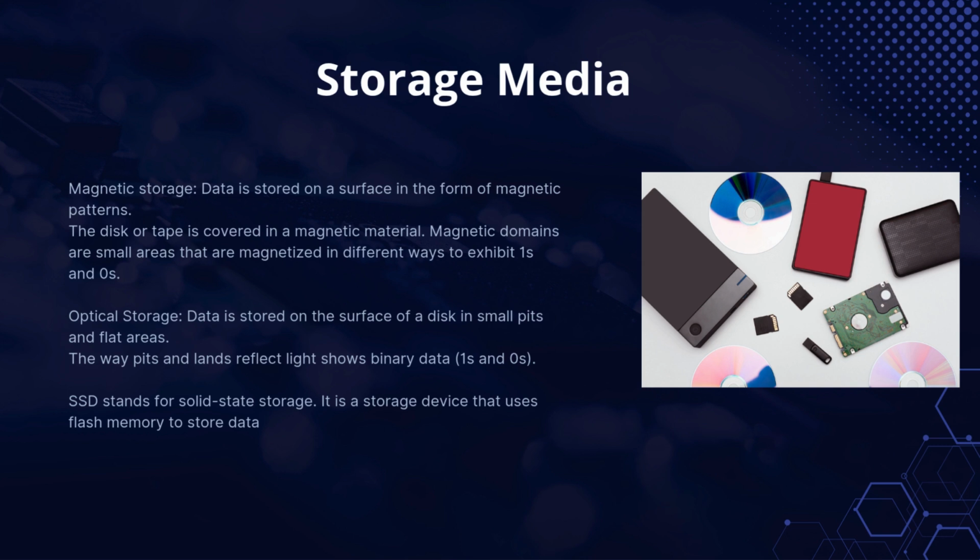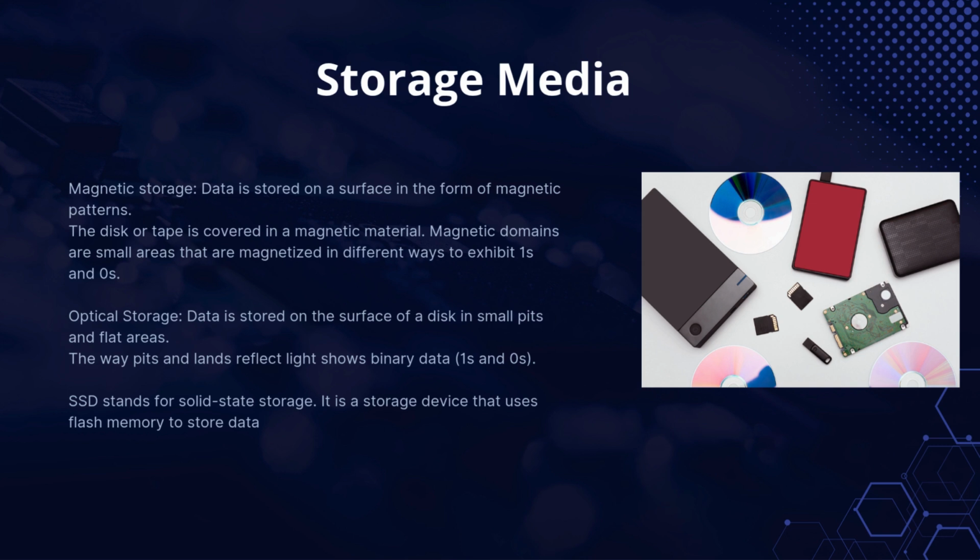Magnetic storage: data is stored on a surface in the form of magnetic patterns. The disk or tape is covered in a magnetic material. Magnetic domains are small areas that are magnetized in different ways to represent 1s and 0s.